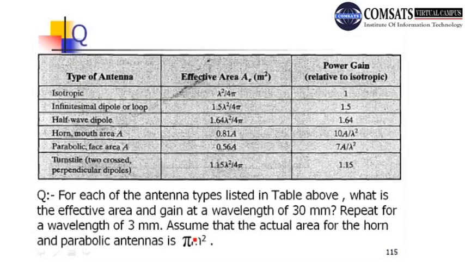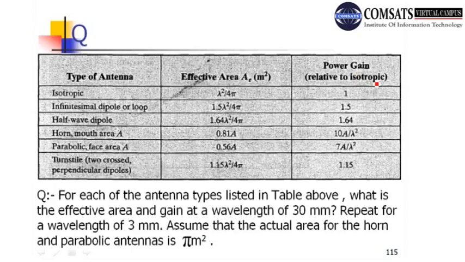And here we have another question. We have a table with the type of antenna, effective area, and the gain that is calculated relative to isotropic. We take the isotropic antenna as the reference antenna that is radiating equally in all directions.